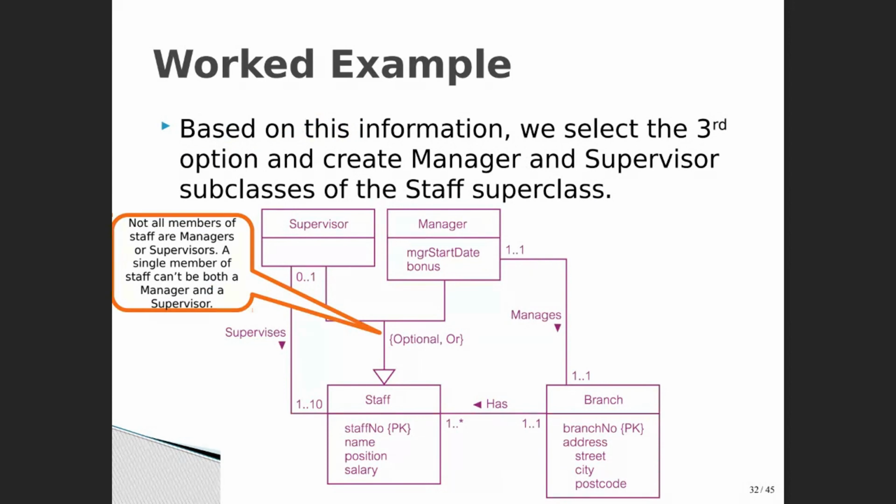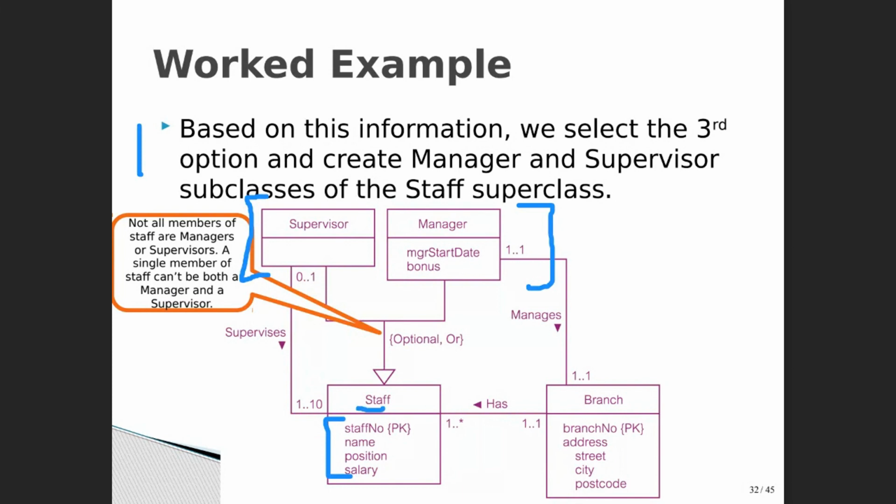Both will have shared attributes with the staff. If we have these attributes, then there are two subclasses. This is the third option. We have shared attributes in the staff as a generalized entity type.